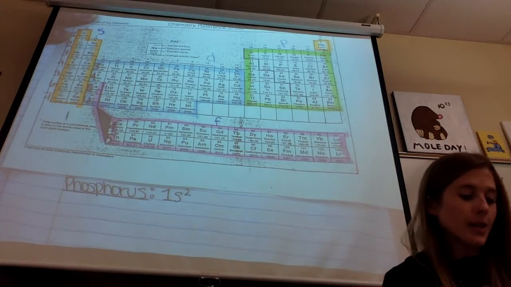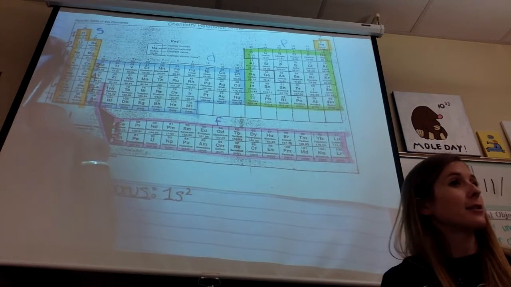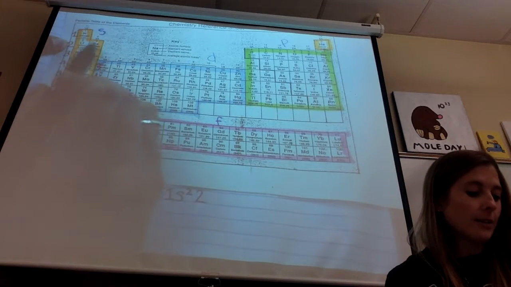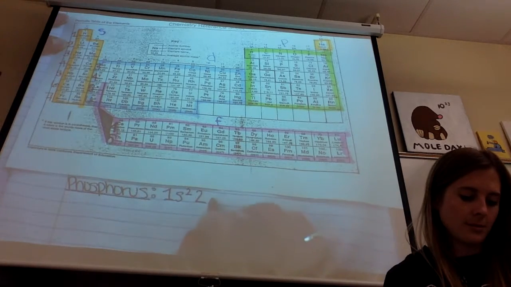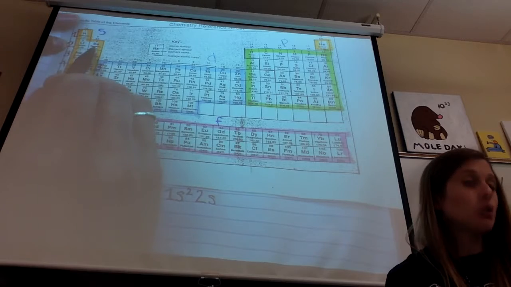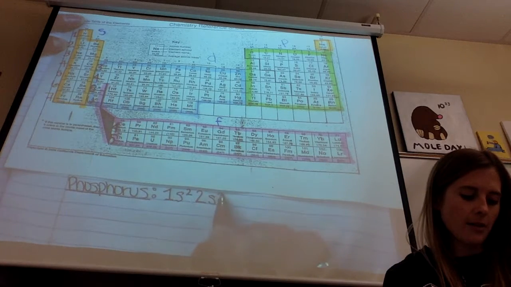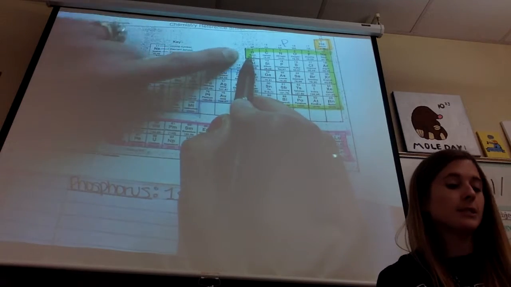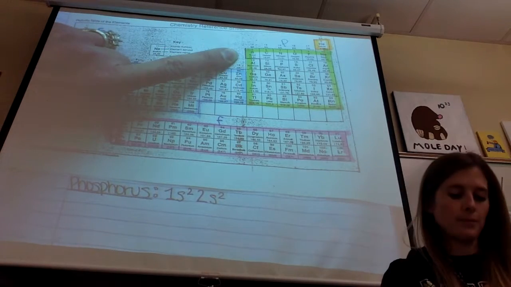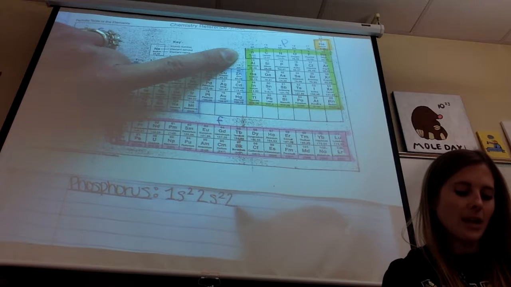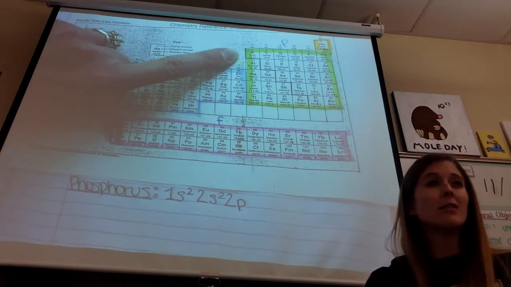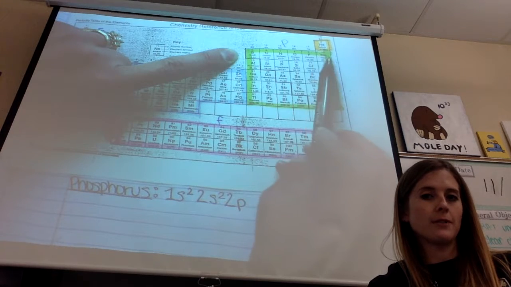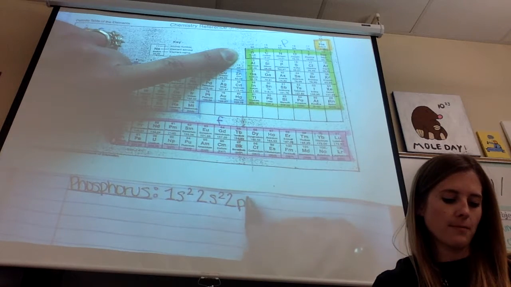Then that's full, so I'm moving on to energy level 2. I am again in the block S, and there will be 2 electrons in there. Now I have to move to the other side of the table. This is still energy level 2, but now I'm in the P subshell, and there are going to be 6 electrons there.